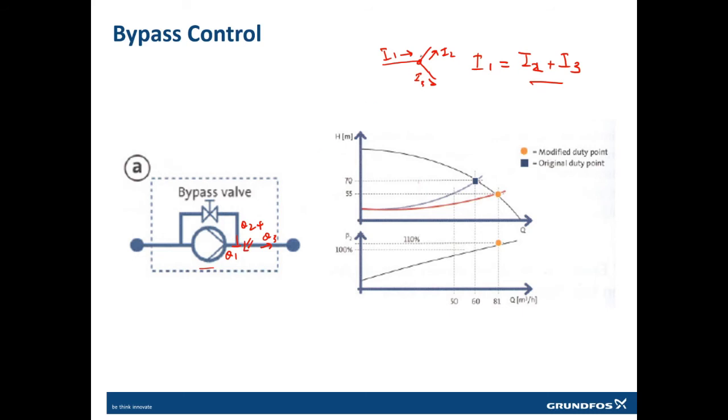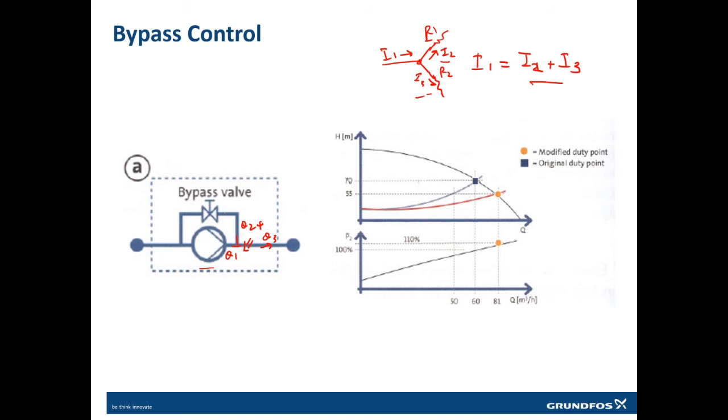But where will the flow go more? The place where the resistance is less. So over here this is R1, over here this is R2. If R1 is less than R2, I2 will be greater than I3. In simple words for pumps, the resistance in the hydraulic world is the resistance by this throttling valve, which we are opening and closing.